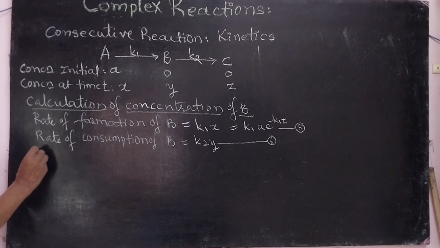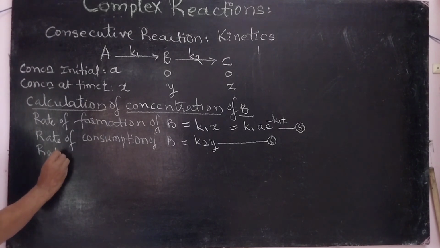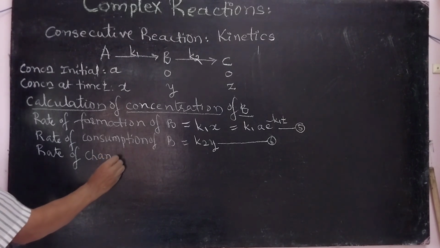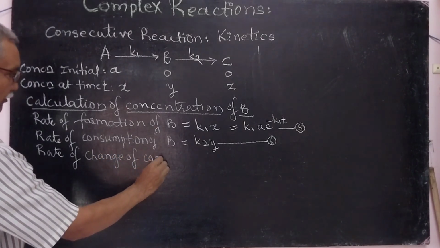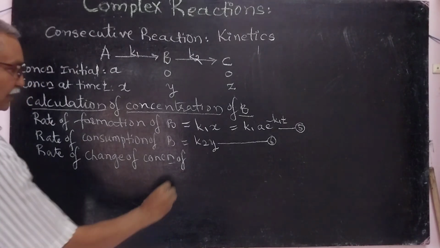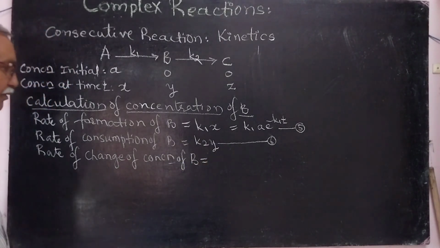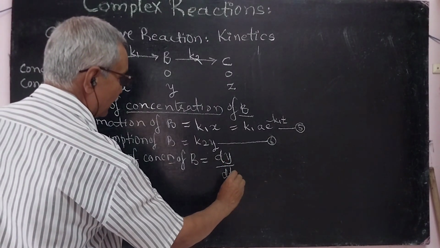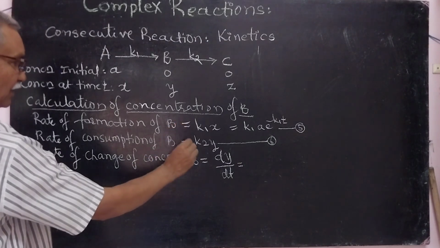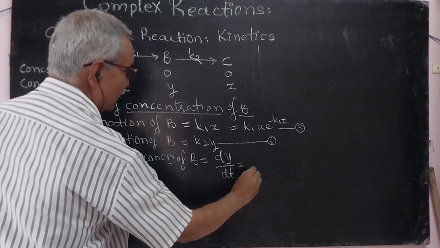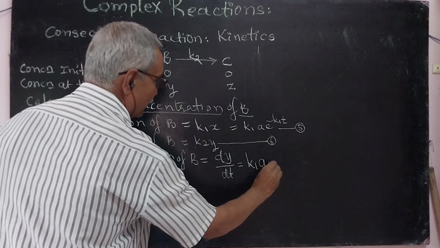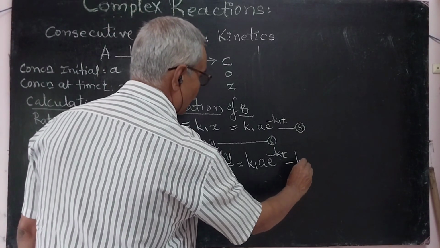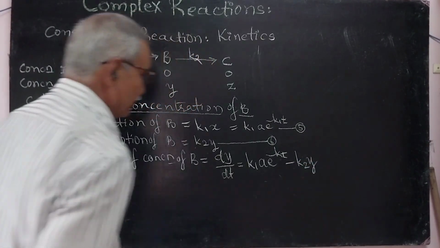Then the rate of change of concentration of B, that is dy divided by dt, is equal to the formation step minus the consumption step, that is k1 a e raised to minus k1t minus k2 into y.